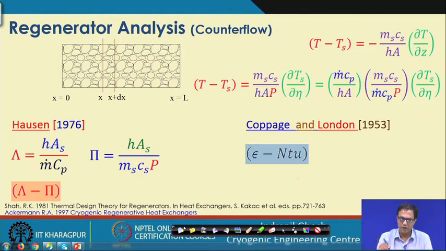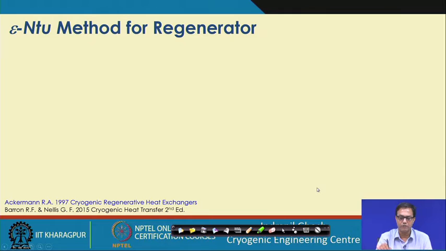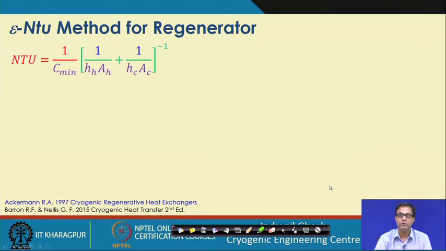Now, if you remember the definition of NTU, it is defined by UA by C min, where UA is the overall conductance and C min is the minimum capacity fluid.